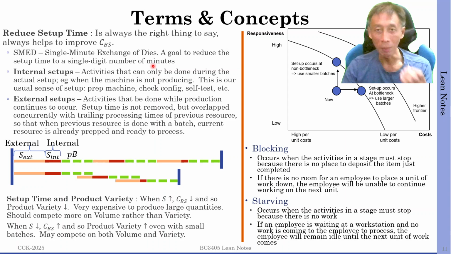So presumably in those days, the exchange of dyes, the coloring dye, the changing of the painting for the cars, required extensive setup time. It's like you want to paint this car red, and then after that you want to paint the next car blue or silver or gray. All the layers of paints, because one car needs many layers.